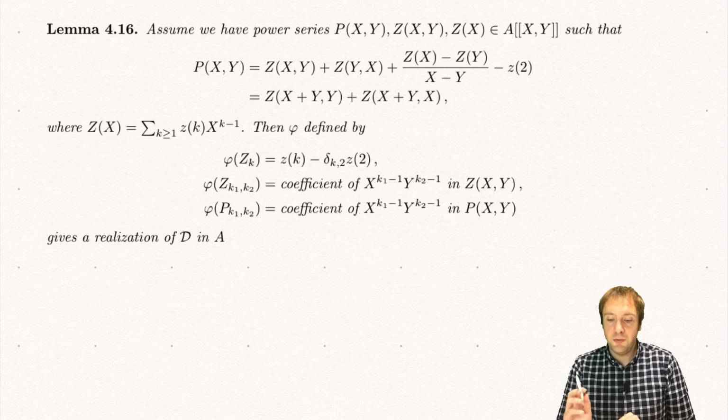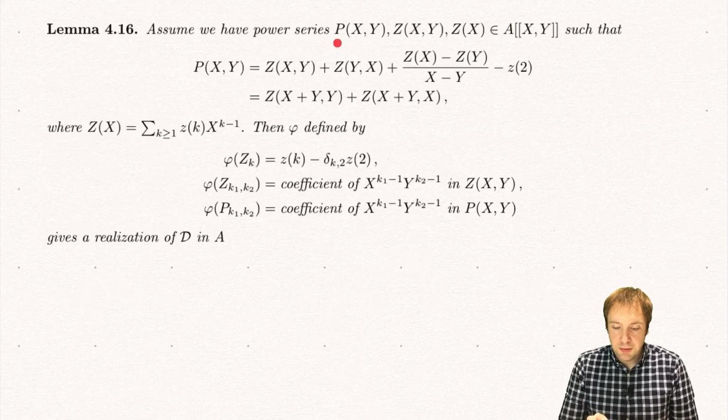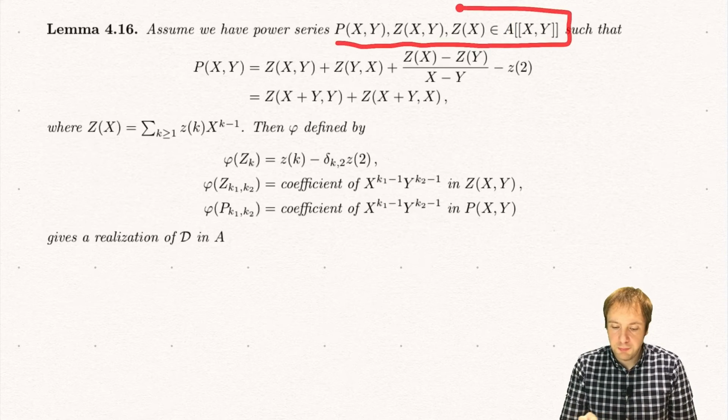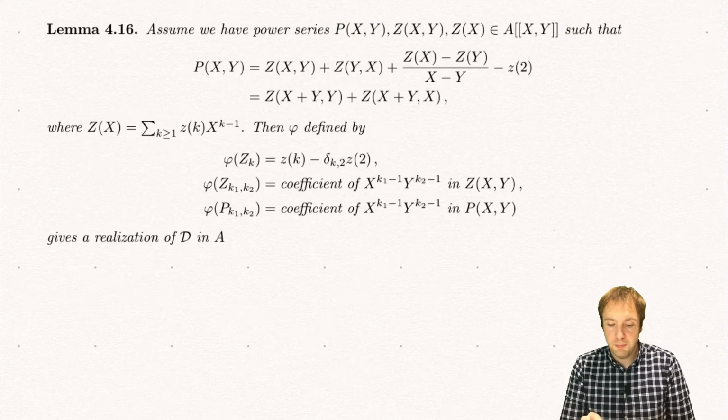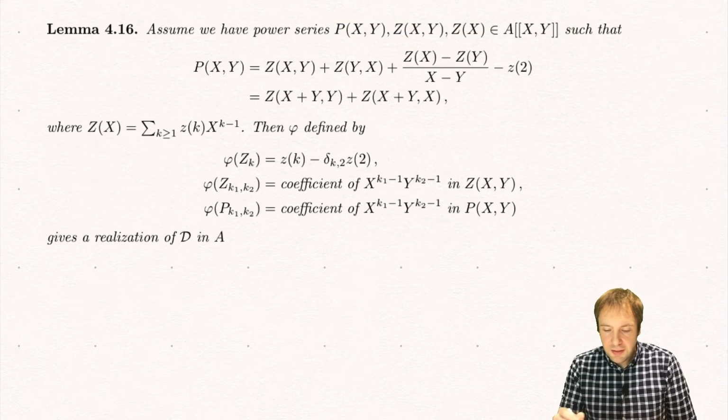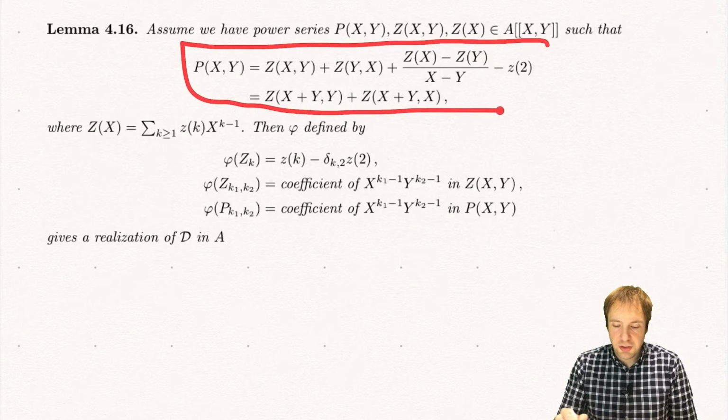We want to find a realization in some Q algebra A, and this we can do by considering generating series. Again, consider formal power series with coefficients in A, which we denote by P, Z, and Z, such that they satisfy this equation here.